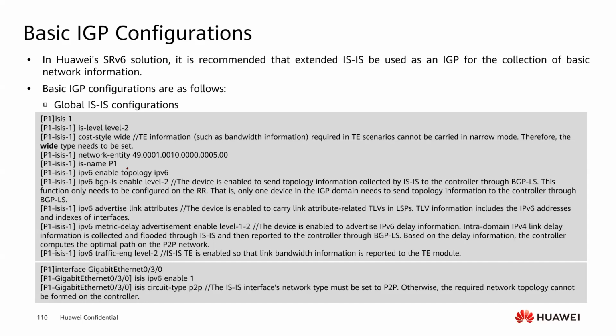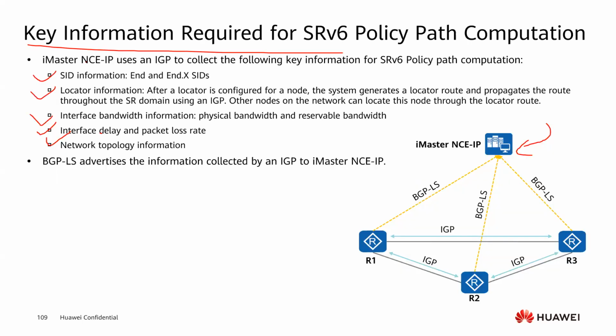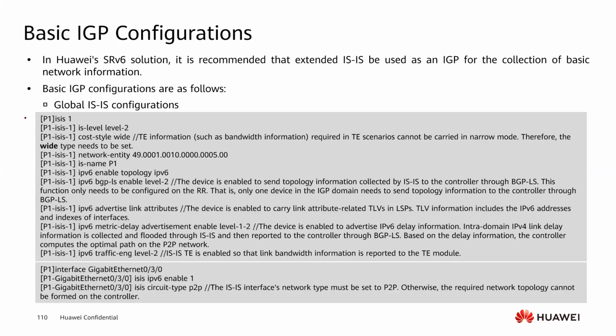And this is how we do the configuration. If we want to collect all this information, we need to use the RSS to do the configuration. This is if you want to connect with the NCE-IP. This is the configuration you need to configure.